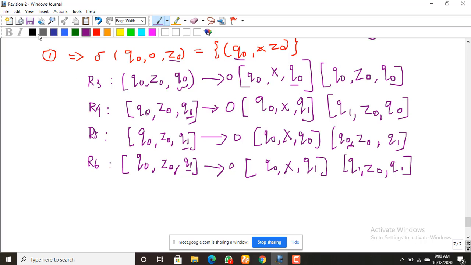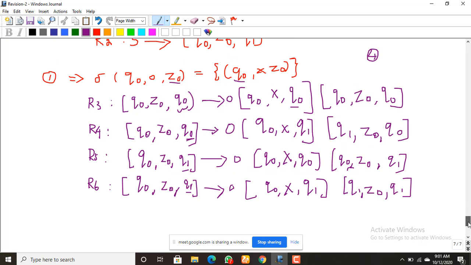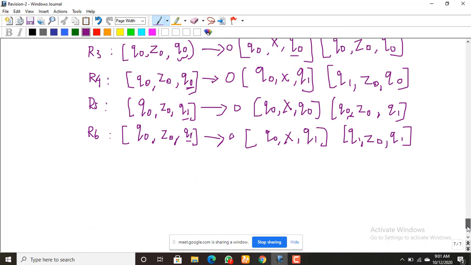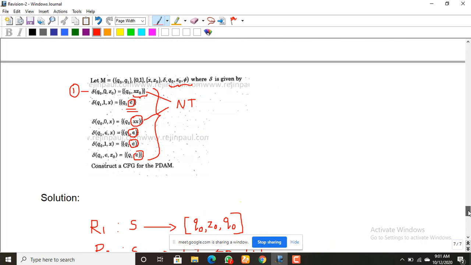Your first ID is the example for non-terminal production rules. So 4 non-terminal production rules are produced. Next I will take the second non-terminal instantaneous description, which is ID number 3, not rule number 3. What is your ID number 3?